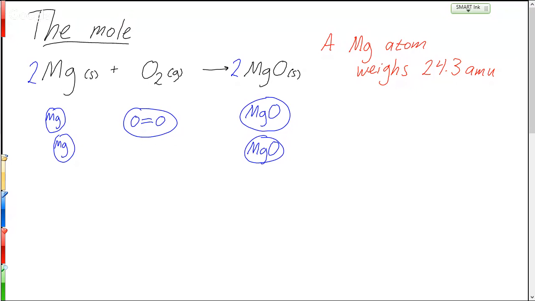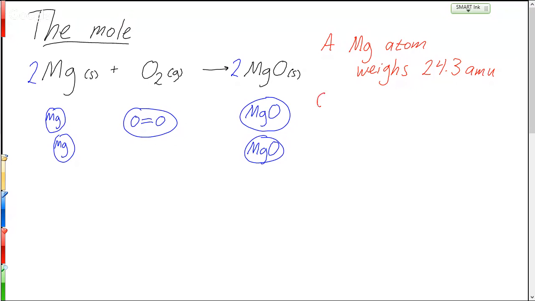All right, so a magnesium atom weighs 24.3 AMUs. That's not a super helpful unit to us. So a long time ago, somebody came up with this number, a guy named Avogadro, so it's called Avogadro's number.